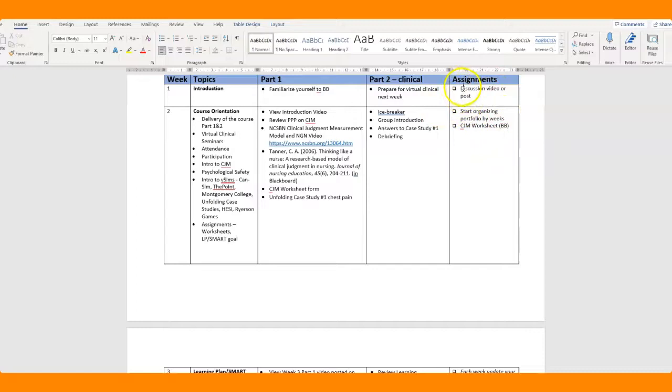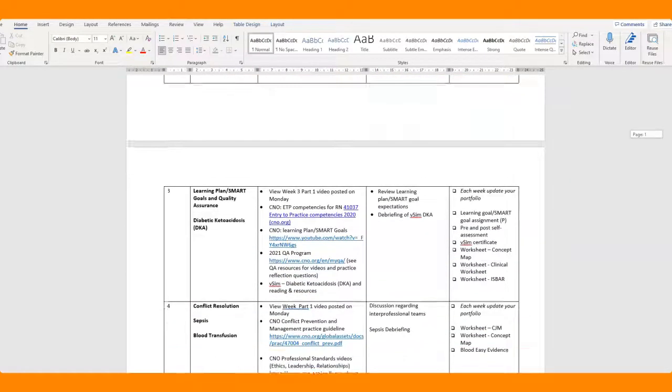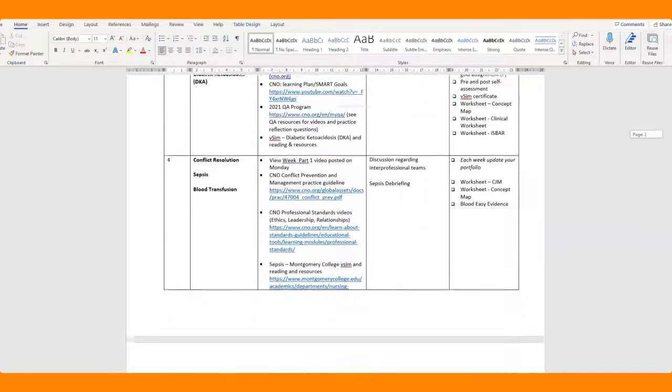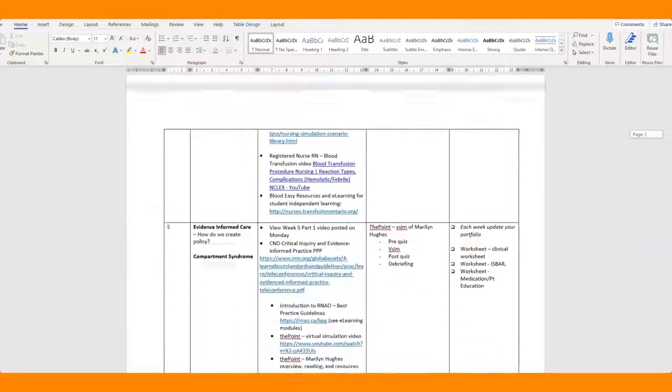Week 1, if you want to put in the discussion post that you've posted on Blackboard for introduction, that's fine. And then you're going to be starting the portfolio right here. Week 2, the clinical judgment model worksheet particular to that patient. Week 3, week 4, and week 5.